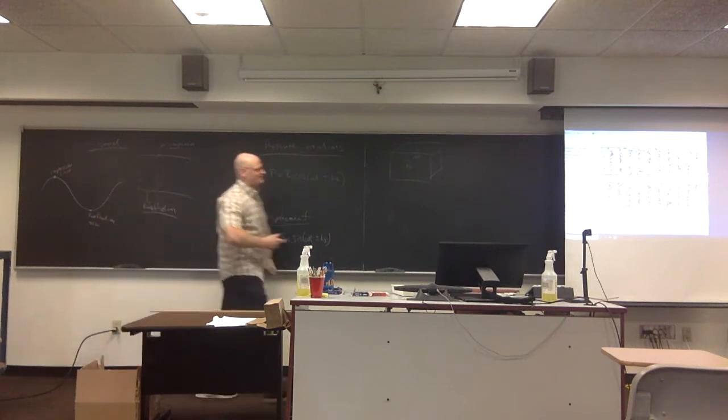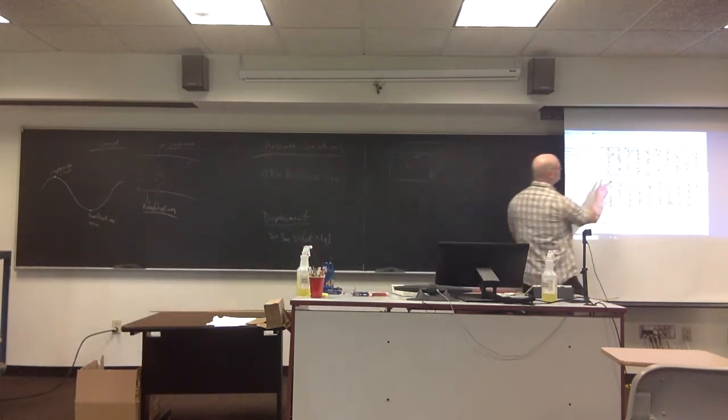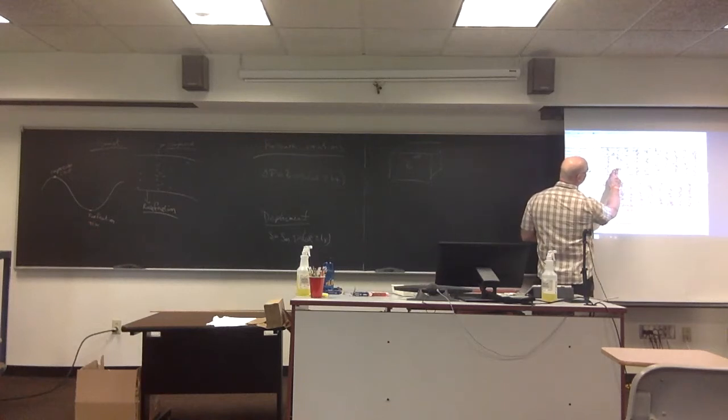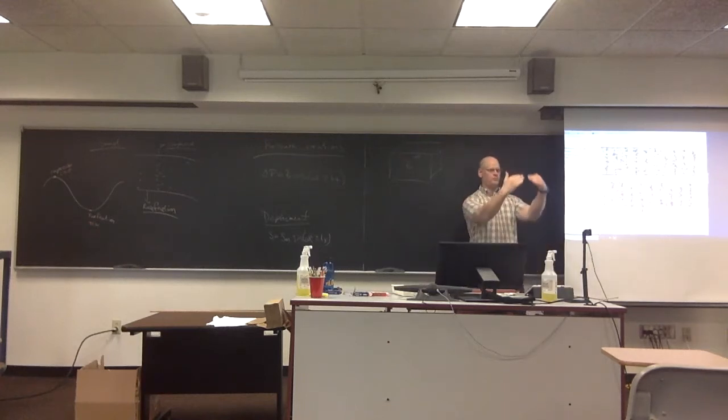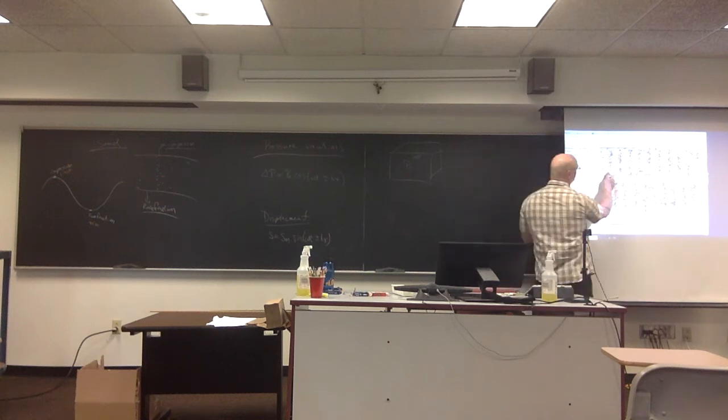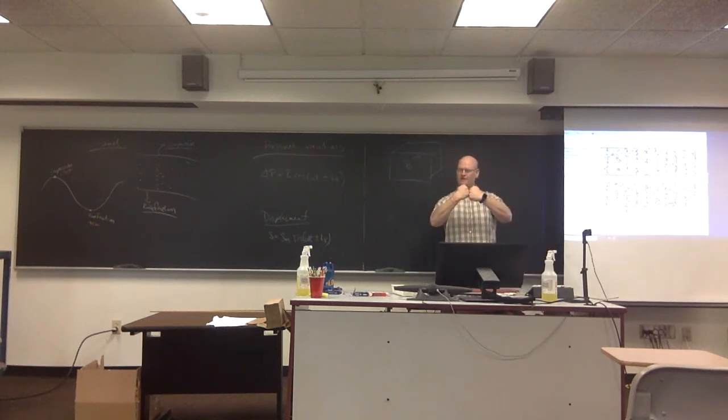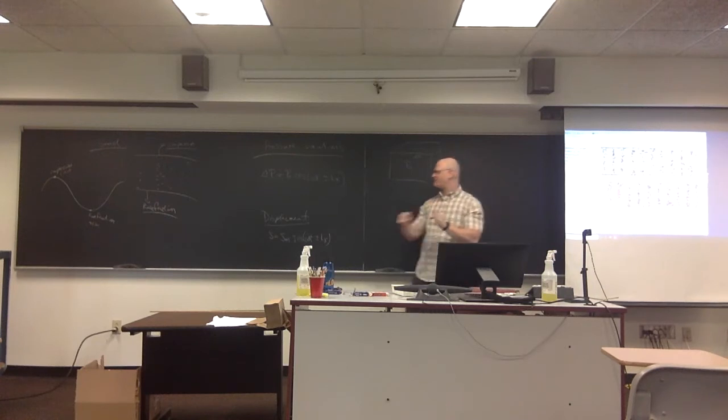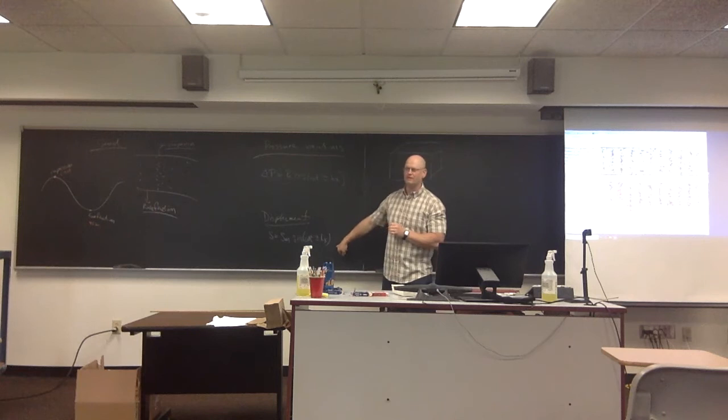The reason for that is, if we look here, where I get a compression, all the particles are pushed into this one location, which means when I have a maximum pressure, I have a zero displacement. So when I have maximum pressure, which would be in these locations here, I'm pushing all these particles together, which means the particles in the center haven't moved away from their equilibrium position. So when I have maximum pressure, I have minimum, or actually zero, displacement.